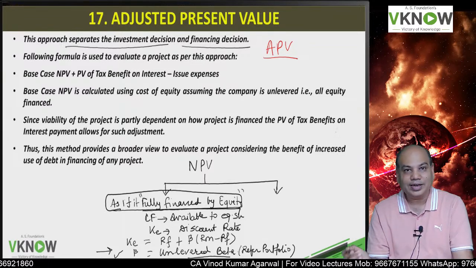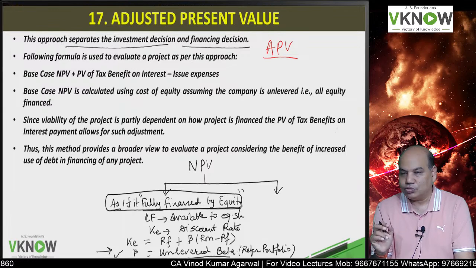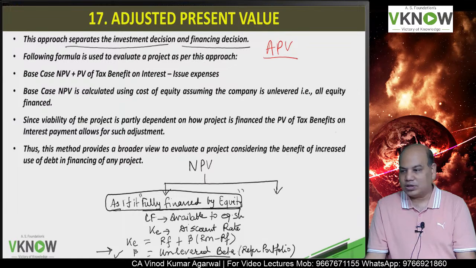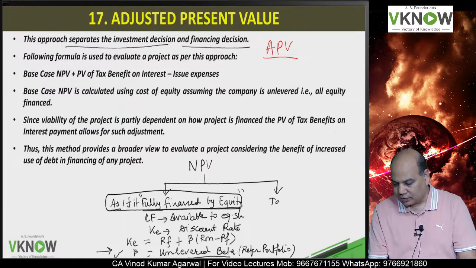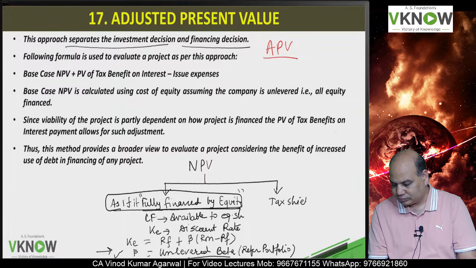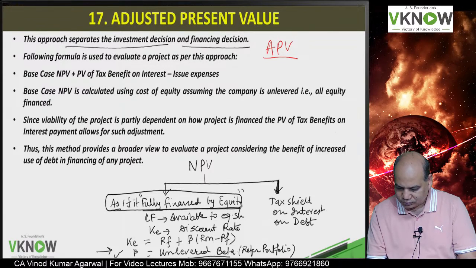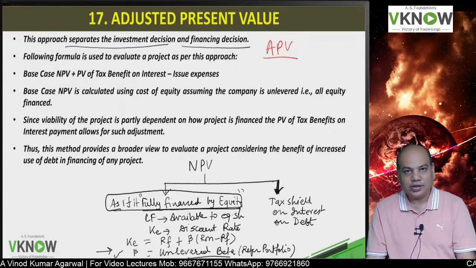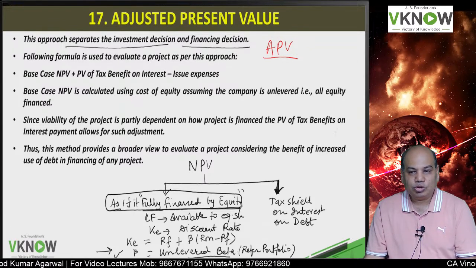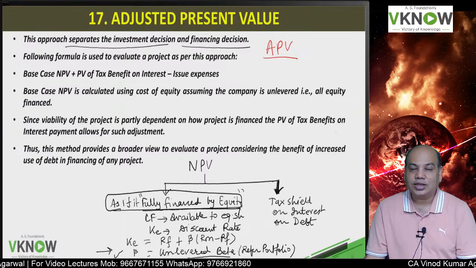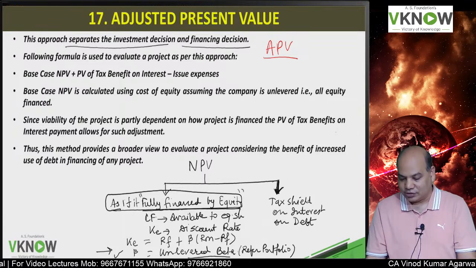But if you are using debt also, then debt has an advantage. What is the advantage of debt? You have tax shield on interest on debt. You will be paying interest on that, and on that interest, under the income tax law, you get the tax shield.